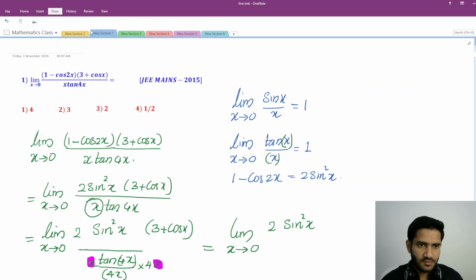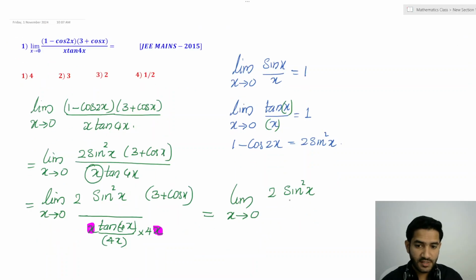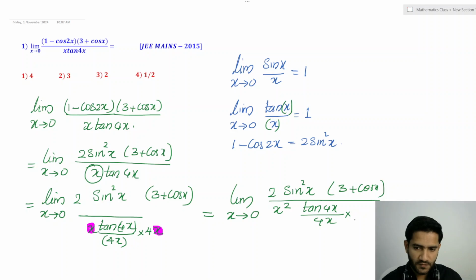So these two x into x is equal to x square, so I am just writing that x square here. And here we have 3 plus cos x. In the denominator, we have tan 4x by 4x into 4. Now we are using the results for sine and tan. So we can cancel 2 and 4, it will be 2. So we can take 1 by 2 outside.